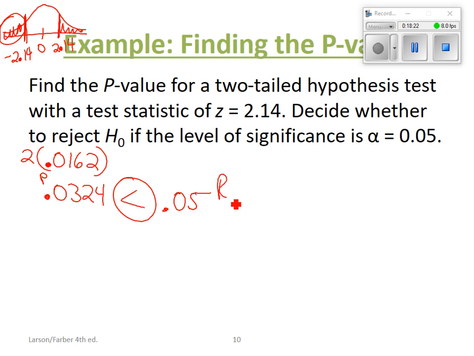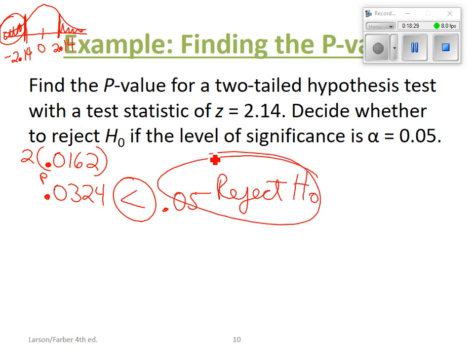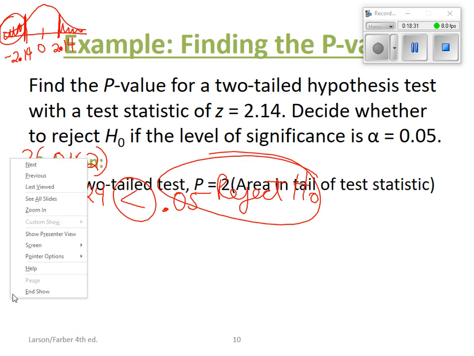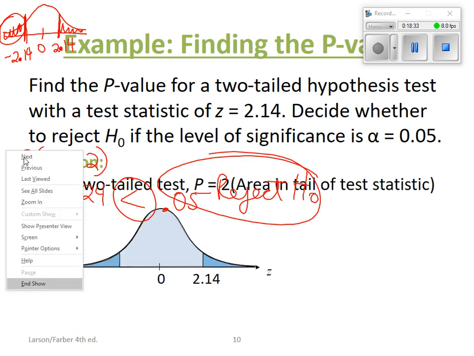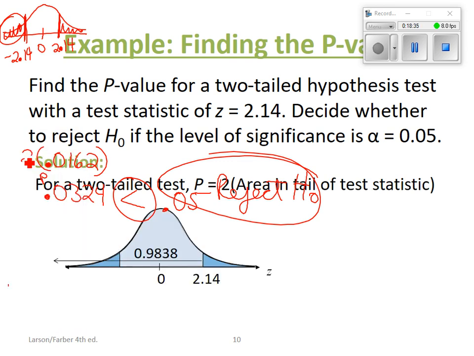Reject the null. So we did all that. Now notice, they found 2.14, and if you were finding this area, your chart doesn't tell you that area. Your chart tells you the area from here over, so they had to subtract that from 1, and guess what they get? Why do all that work? I don't know.